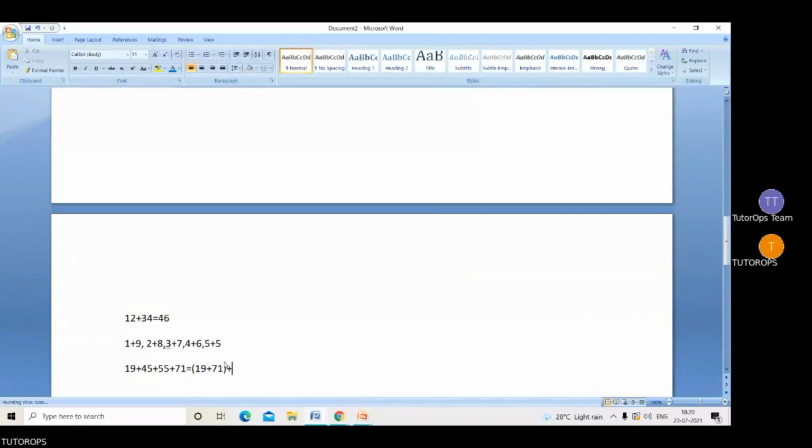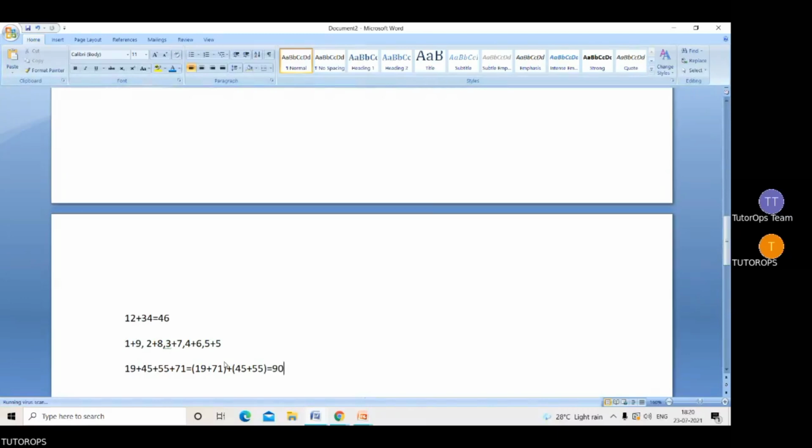Now 45 plus 55. Also, the end digit of both 45 and 55 is 5. So 5 plus 5 will be 10. So 45 plus 55 will also make a 10-point circle. Now, we may simply calculate those groups.